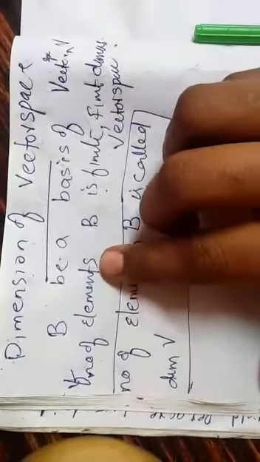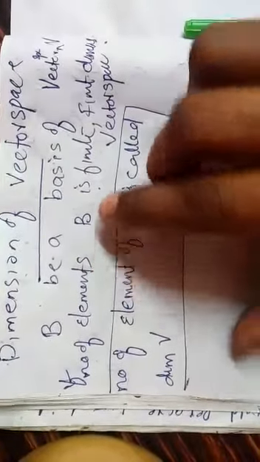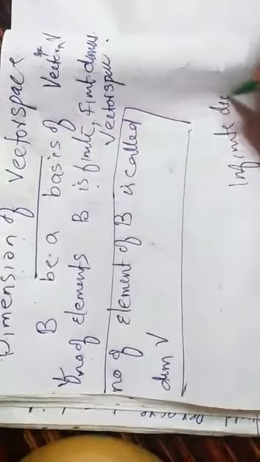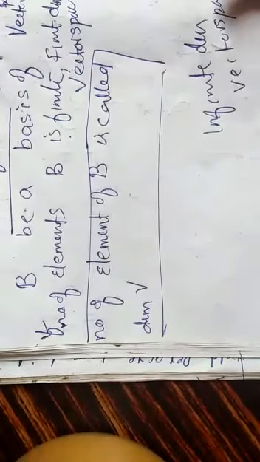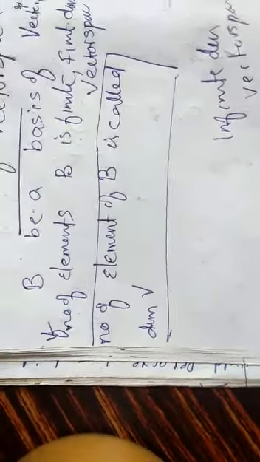If B has an infinite number of elements, then we can say it is an infinite dimensional vector space.